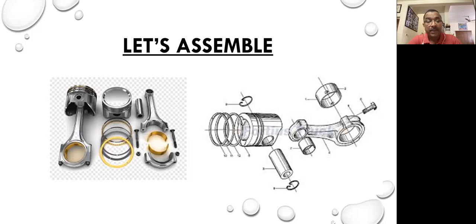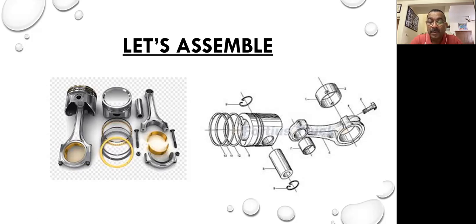Then you can assemble the connecting rod. You insert the small end of your connecting rod into the skirt portion of your piston, and you insert the connecting rod pin into that, and locking rings are there.